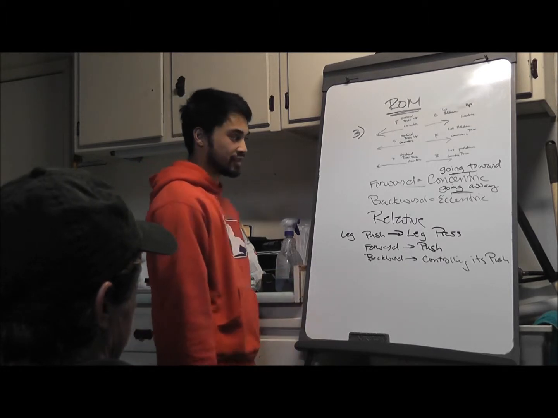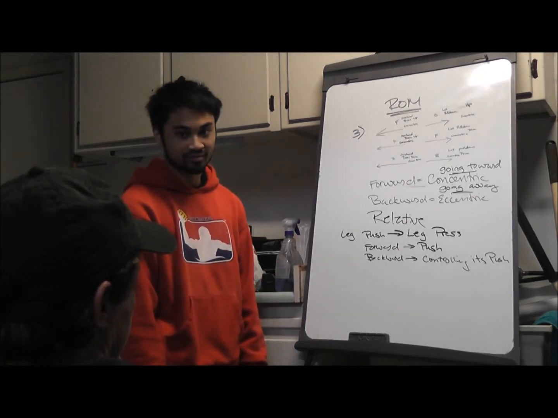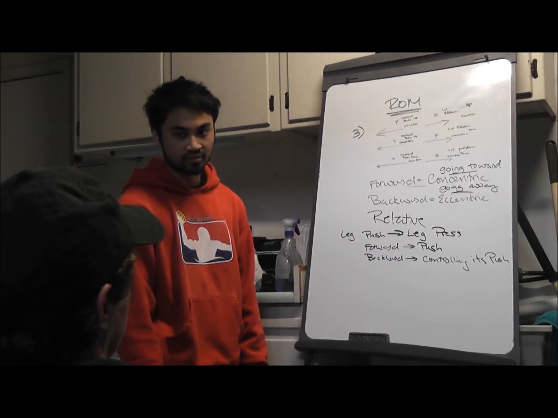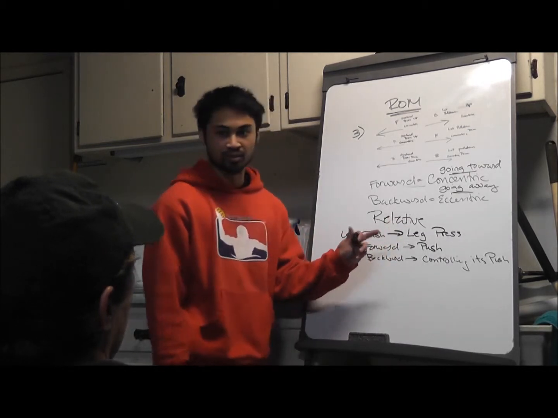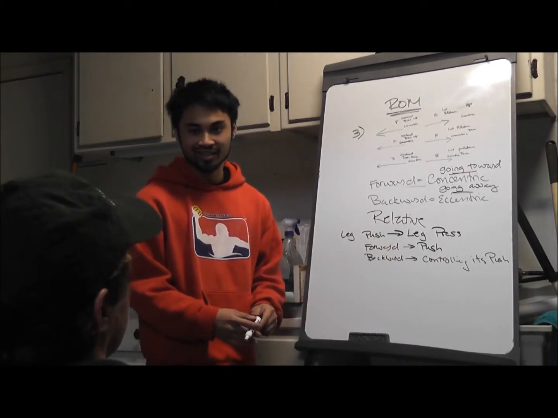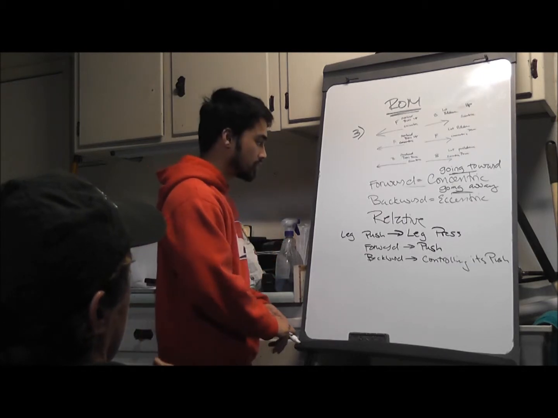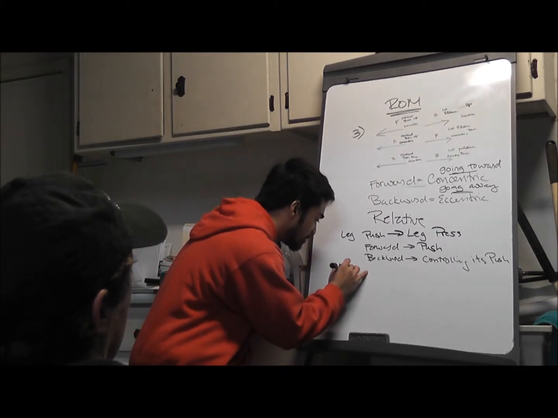Now, what's the opposite of a leg press? For our purposes, we'll just use reverse squat, because you know what it is. They haven't made a machine that actually goes reverse. You know how people have gravity boots?